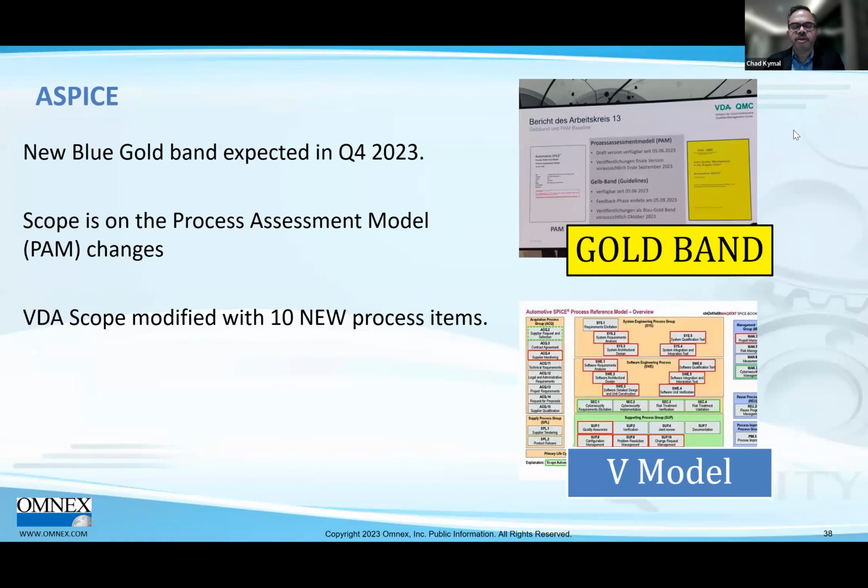This is a new change. We did a 6-hour seminar for the A-SPICE assessors, and it was a sold-out event. We went through all the high-level changes in A-SPICE 4.0, the impact on scope, and also the guidelines.